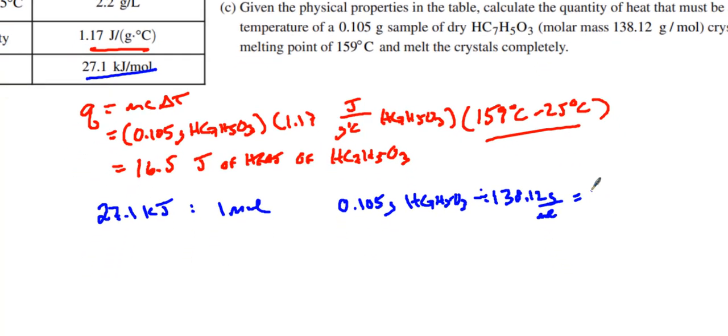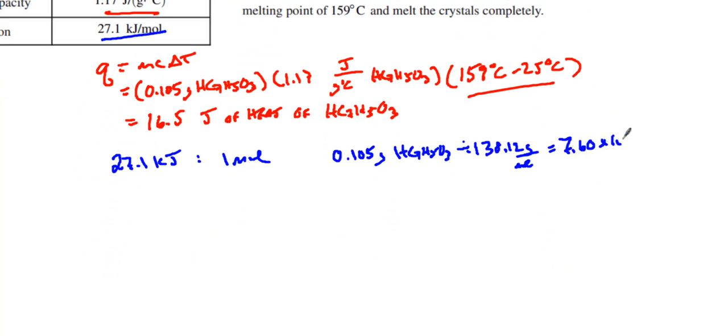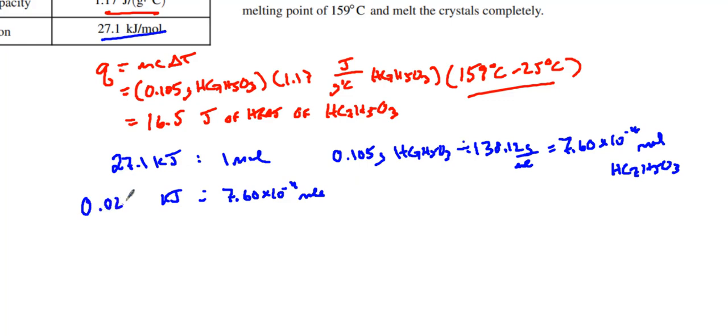That gives me 7.60 times 10 to the negative 4 moles of HC7H5O3, which means if I know the number of moles is 7.60 times 10 to the negative 4 moles of the salicylic acid, I can know the number of kilojoules of the salicylic acid by cross multiplying, by doing a ratio there, and I end up getting 0.0206 kilojoules of heat to melt it.